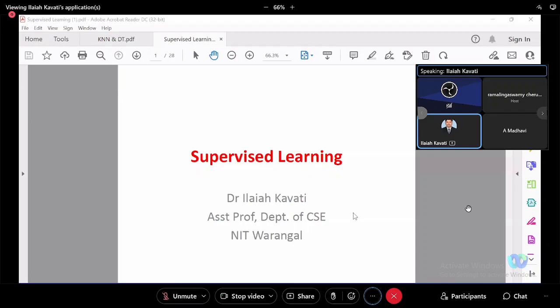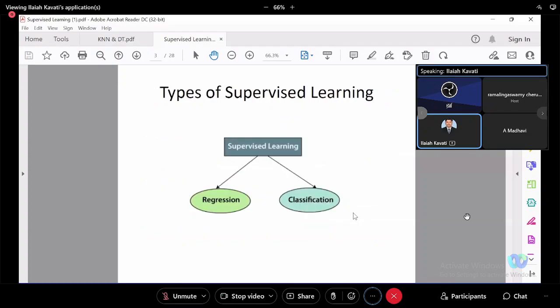Dear participants, good morning to all of you, and welcome to the session on classification techniques, different classification techniques. Yesterday we covered regression analysis with hands-on, right? Yesterday, what is supervised learning? Types of supervised learning, like regression and classification, right?